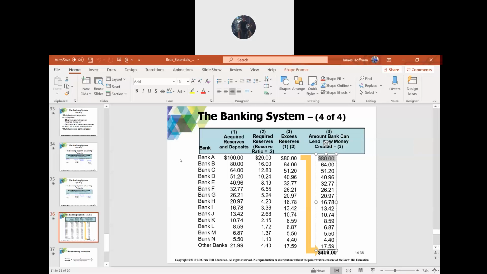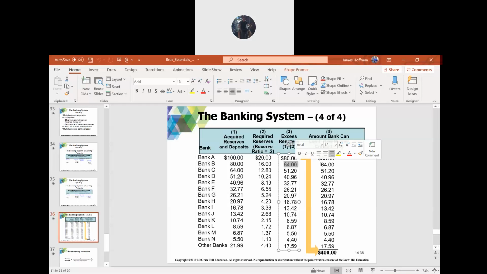Now, if you go through the whole bank system, what you do in this exercise is this other customer gets the $80 lent by Bank A, and then they spend it in another way. So this customer buys a nice dinner, and then the restaurant deposits that $80 in their bank, Bank B. Bank B keeps 20% of 80, which is 16, and lends out the other 64.